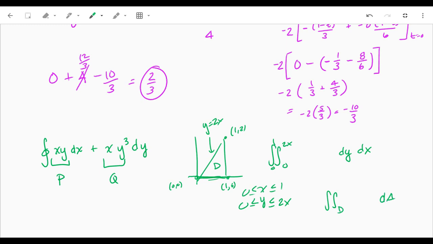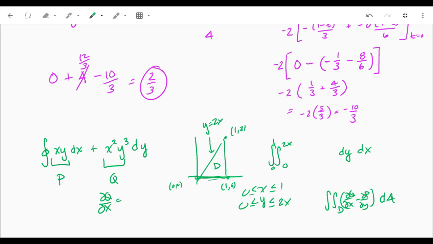Okay, I still need the partials, right? The dQ dx minus dP dy. So dQ dx is going to be y cubed. Oh, I wrote that wrong.